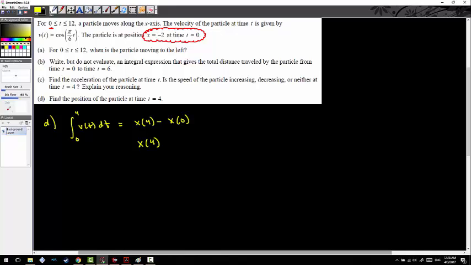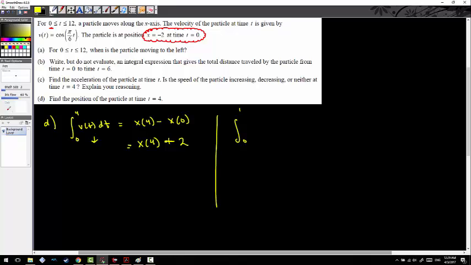And I know that x of 0 is negative 2. Since I'm subtracting that negative 2, I have x of 4 plus 2 equal to whatever this number is going to be. So what I have to do is integrate this expression to figure out what this number is. So let's do that.